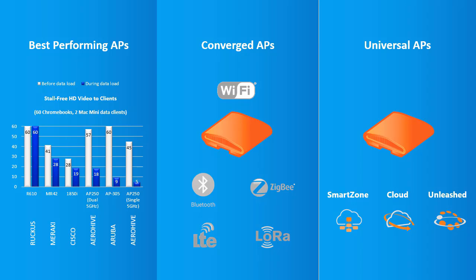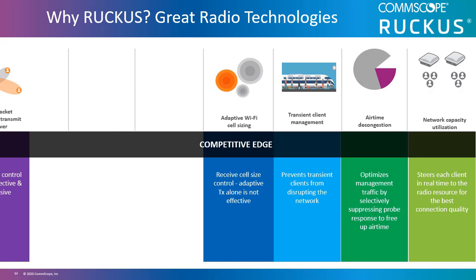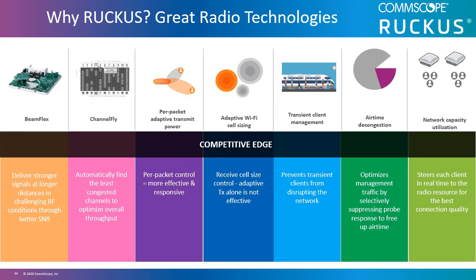We add the ability to manage our APs via the universal AP principle of support for on-premise deployments with our SmartZone controllers, cloud-managed deployments, as well as controllerless via Unleashed. In addition to Wi-Fi 6, Ruckus brings a lot of radio innovations to the table to help solve the density problem. For example, our transient client management technology is just one way Ruckus enhances Wi-Fi.